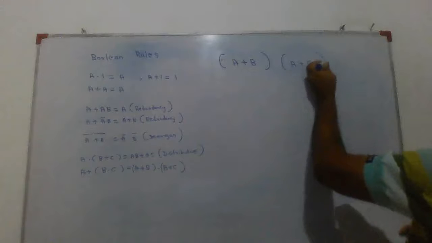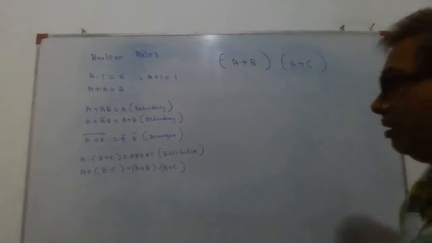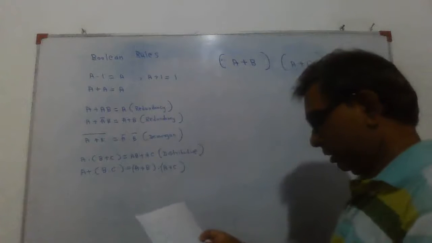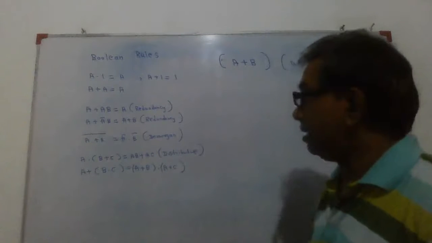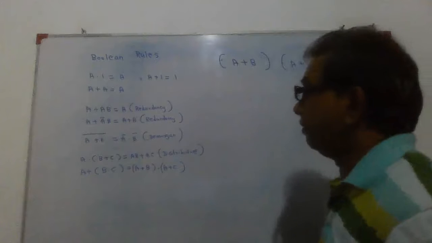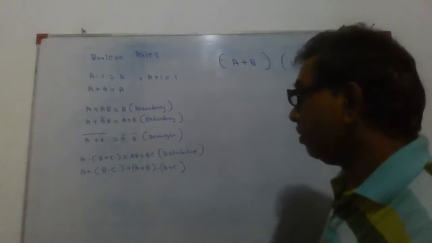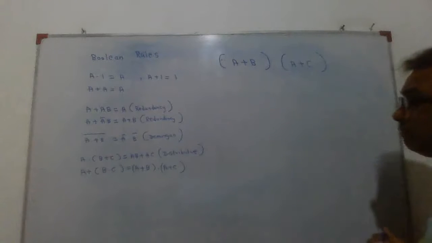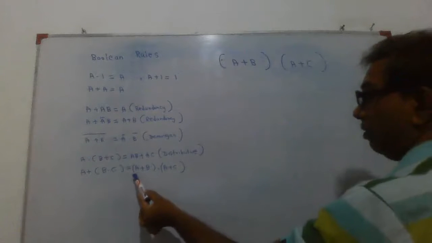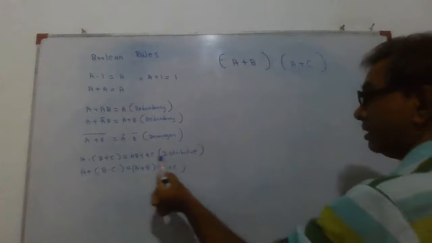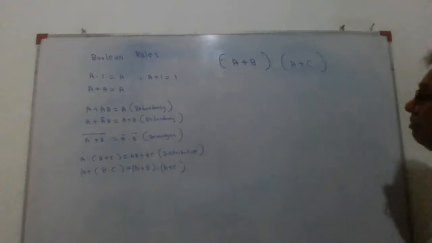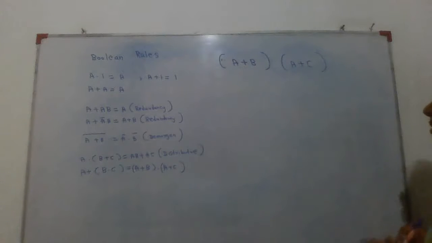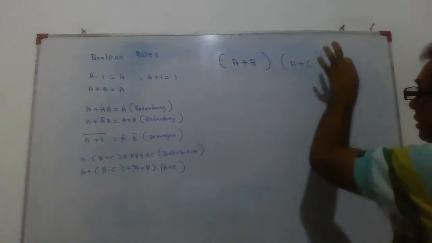A or (B and C), and A or B, and A or C. Now, when you think about the form of the distributive law, (A or B) and (A or C) can be seen here, but you cannot say directly this is the distributive law.